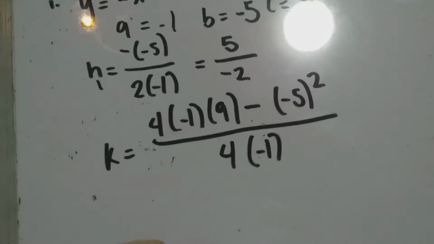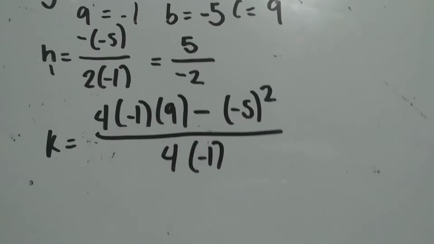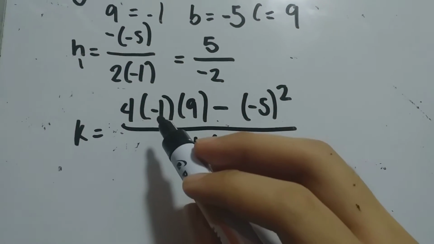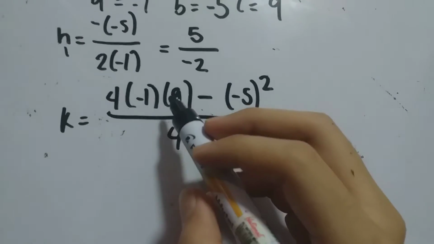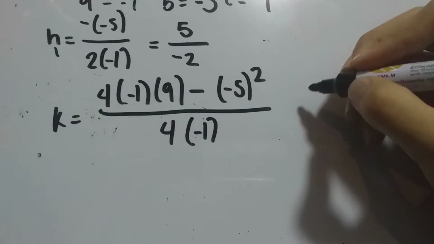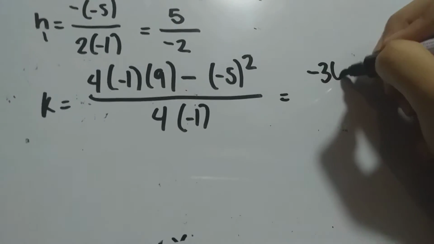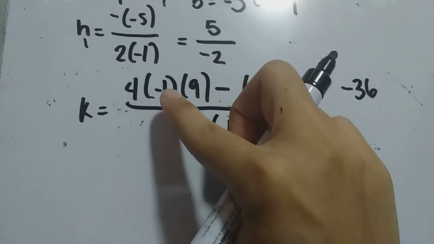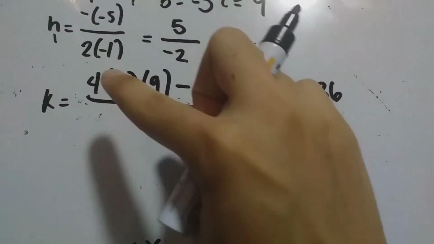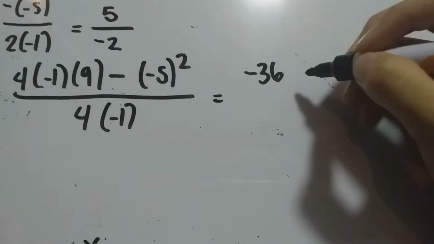There. So simplify the parentheses. 4 times negative 1 is negative 4. Times 9 is 36, so it's negative 36.